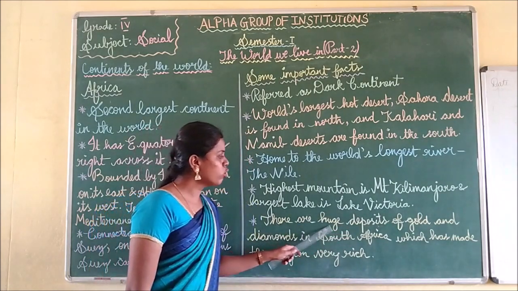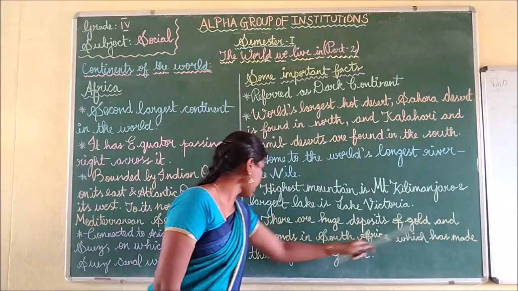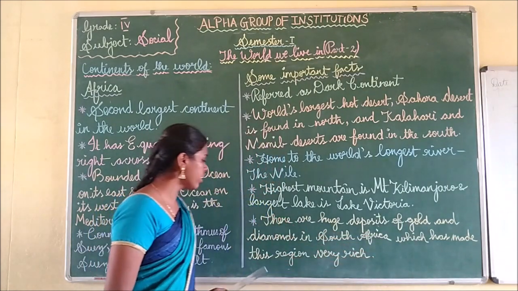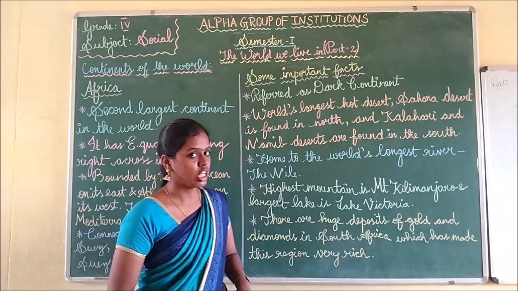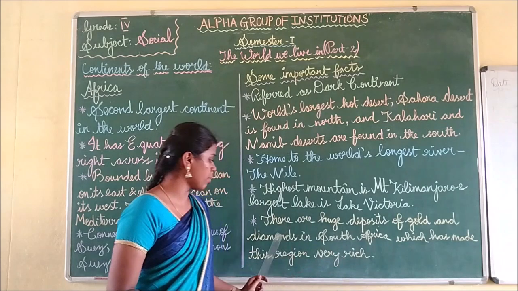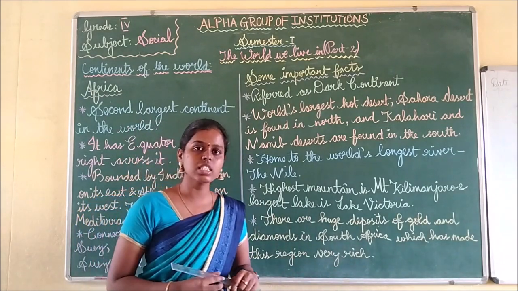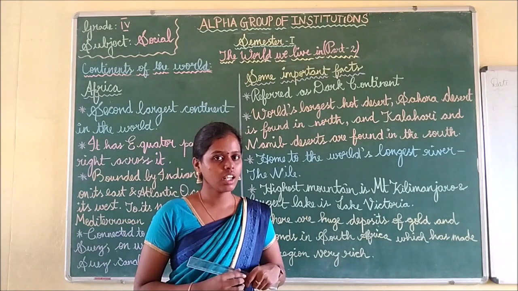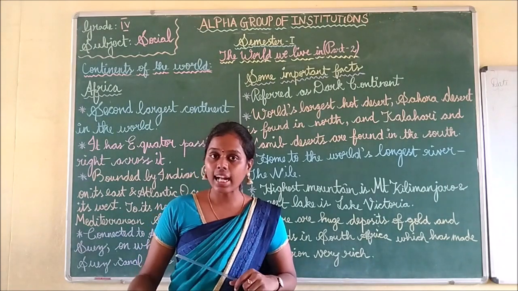Then there are huge deposits of gold and diamonds in South Africa, which has made this region very rich. So there are large deposits of gold and diamonds. So gold and diamonds will be got from where? Yes, from the underground.